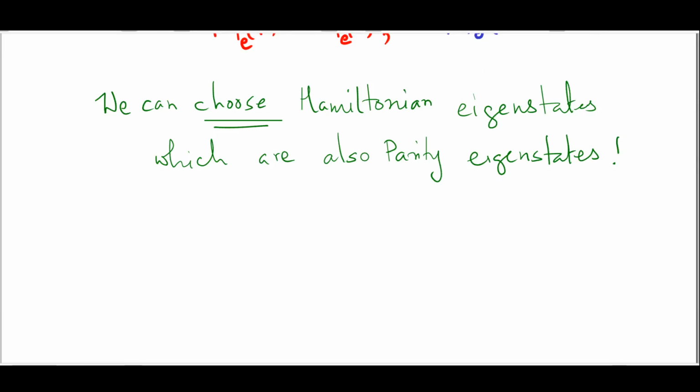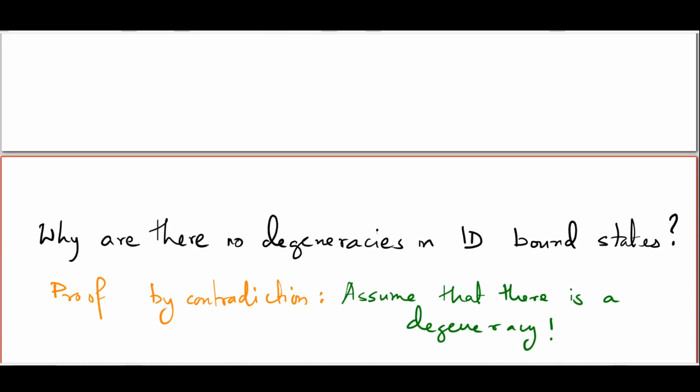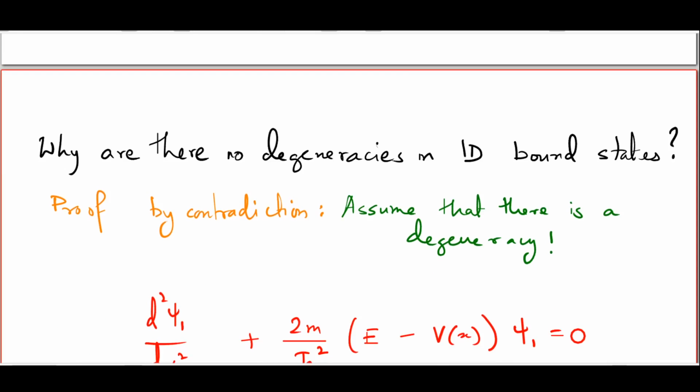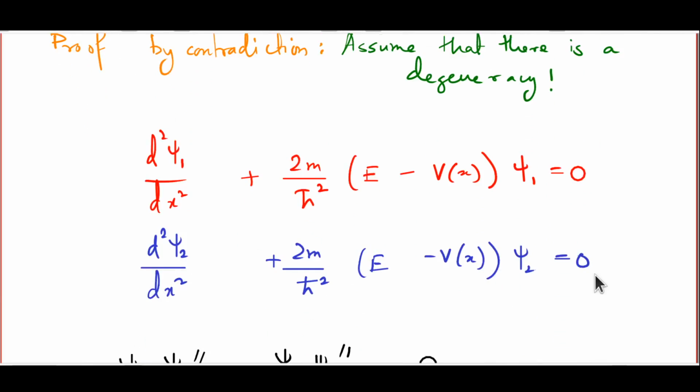What you do, of course, is assume that there is a degeneracy. That is to say, there are two wave functions psi1 and psi2, both of which satisfy the same energy eigenvalue equation for the same E and of course the same potential V of x.